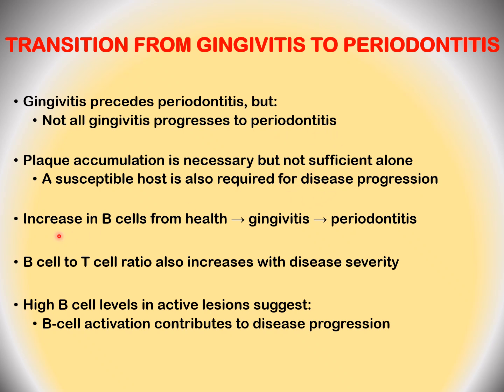We can see an increase in B cells from health towards gingivitis, then towards periodontitis. The B cell to T cell ratio also increases with disease severity, and this suggests that high B cell levels in active lesions indicate B cell activation contributing to disease progression.